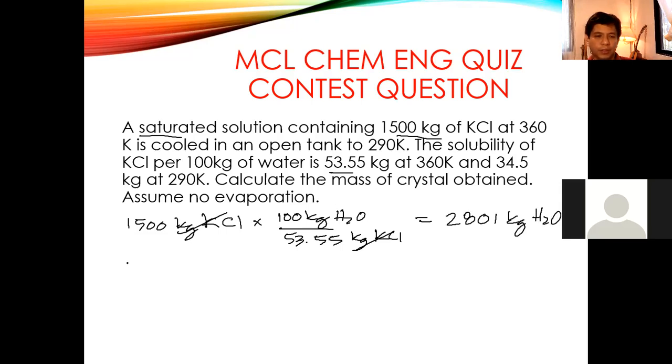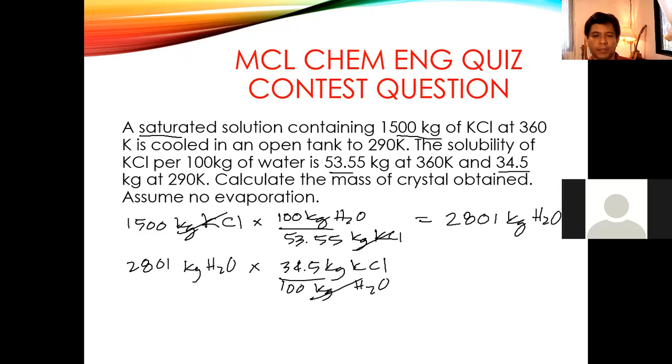Tapos from this, you can calculate from 2,801 the amount of KCl na still dissolved in water. So that would be 34.5 kilogram KCl, di ba? This is the new solubility at lower temperature per 100 kilogram of water. Kita nyo, ito naman cancel out.